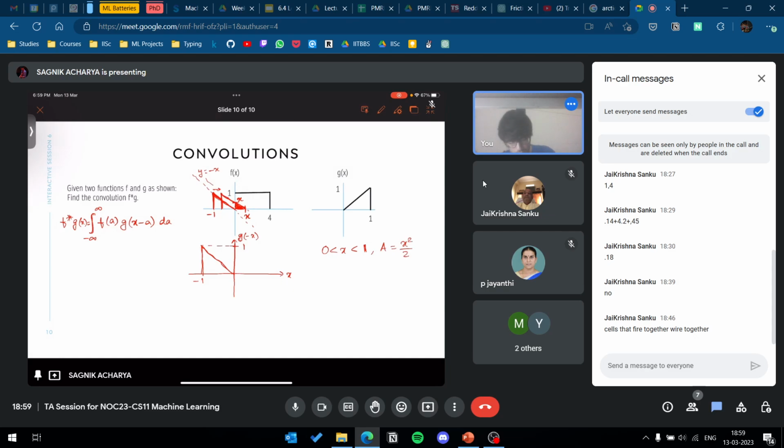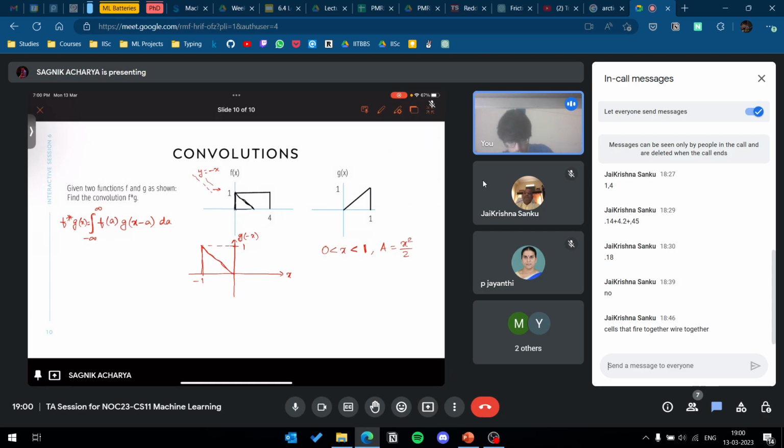Now this will happen until x reaches 1. When x reaches 1, we have this situation, where I'll erase some of it. I don't know why the color switched to black, but okay.